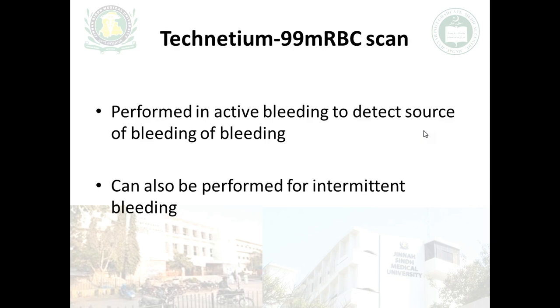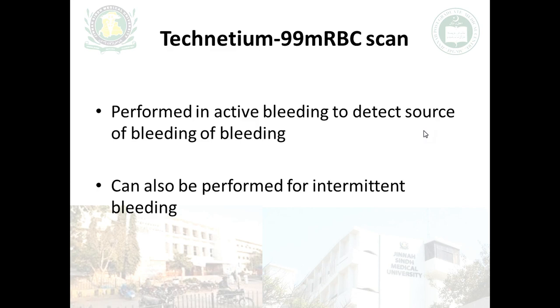Technetium-99m RBC scan is a procedure which is performed in active bleeding to detect the source of bleeding. When there is profuse, active bleeding, you cannot go for the colonoscopy, so then you will have to go for the technetium-99m RBC scan. It will detect the source of bleeding.